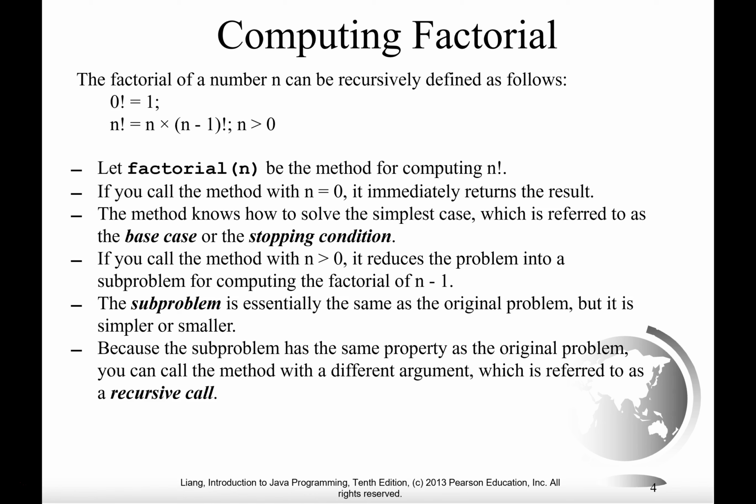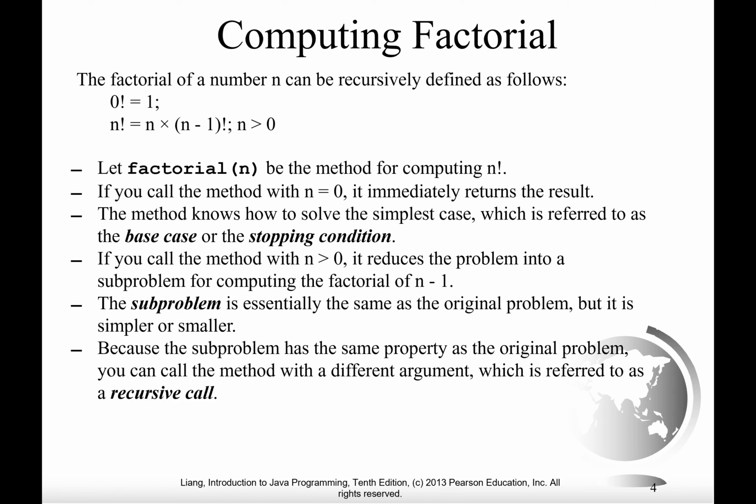The method knows how to solve the simplest case, which is referred to as the base case or the stopping condition. If you call the method with n greater than 0, it reduces the problem into a subproblem for computing the factorial of n minus 1. The subproblem is essentially the same as the original problem, but it is simpler or smaller.